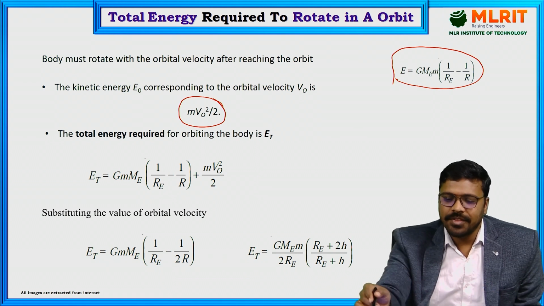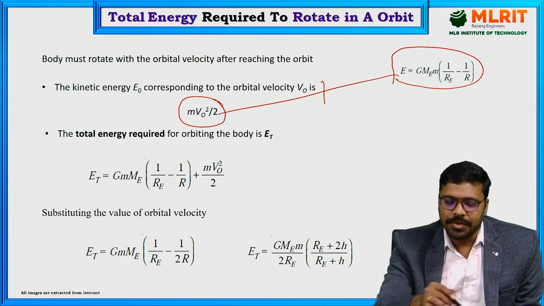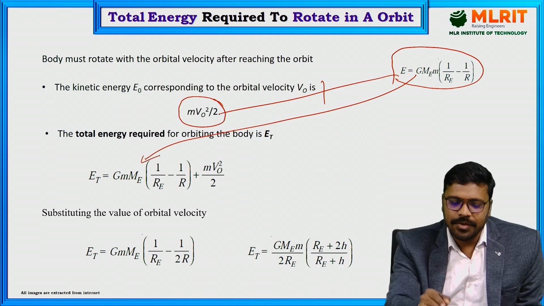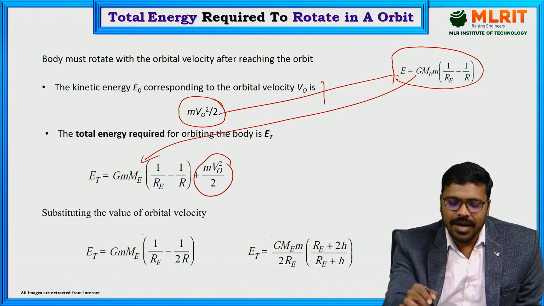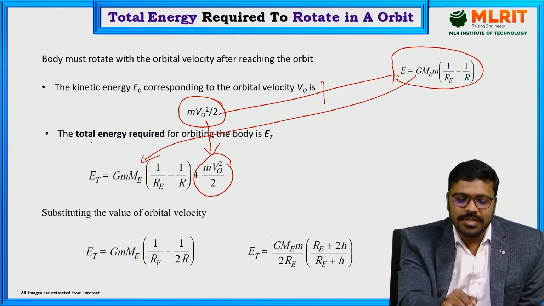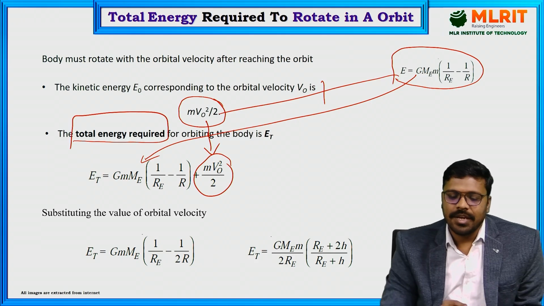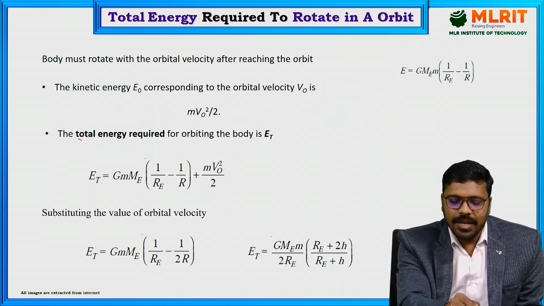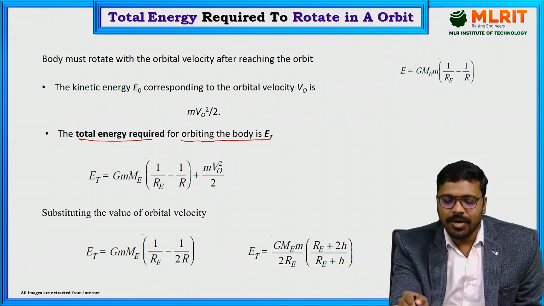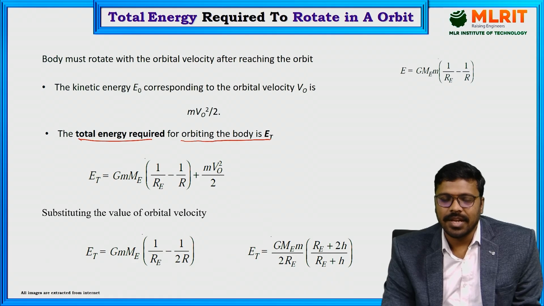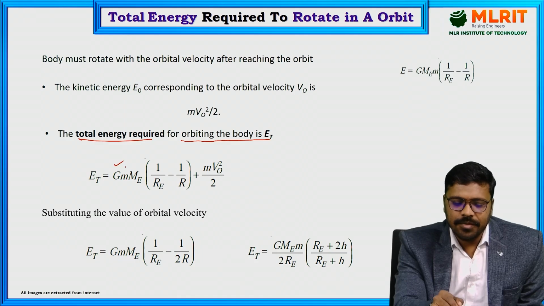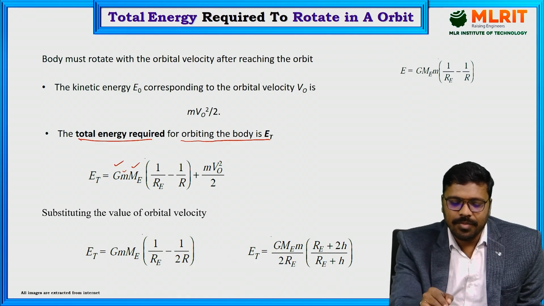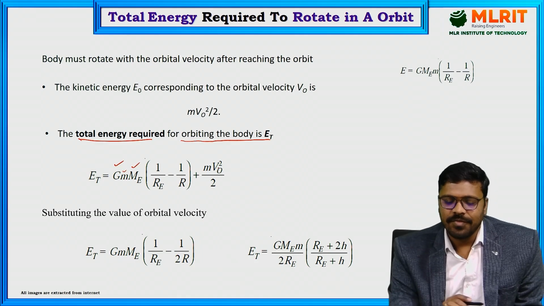So if you add these two, this is the energy required to reach the orbit, and this is the kinetic energy required for the orbit. This is the total energy required for orbiting the body in the particular orbit. So this is capital G into small m into ME into 1 by RE minus 1 by R plus m V0 square by 2.